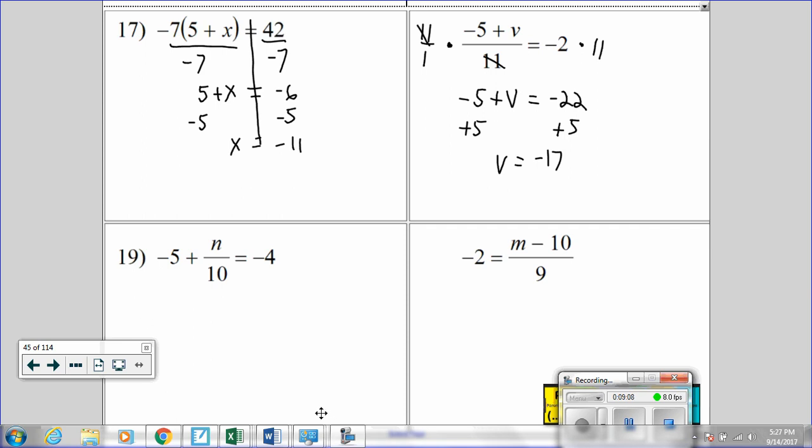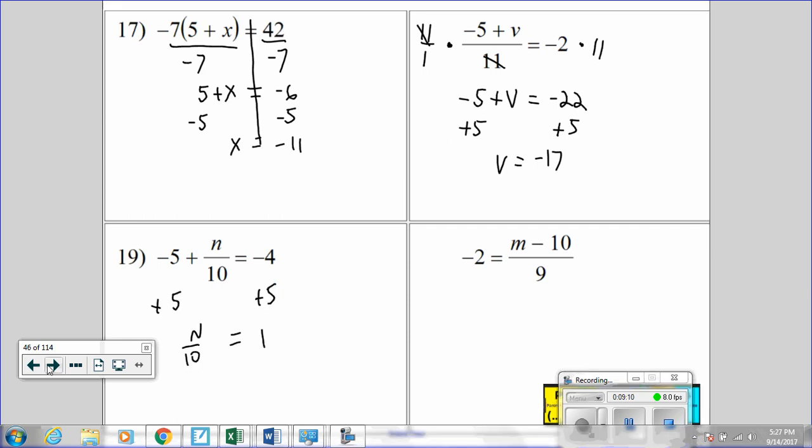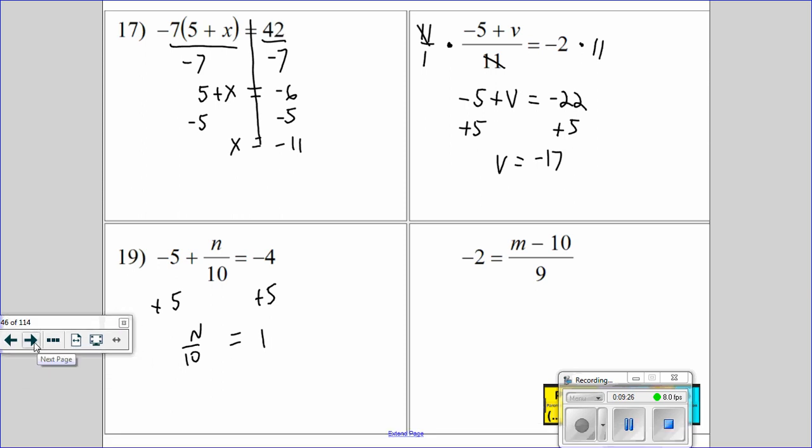So we're going to do the opposite operation and add 5 on both sides. Now we can drop down the n over 10 and set it equal to negative 4 plus 5, which is positive 1. Next we multiply by 10 on both sides, and that gets us n is equal to 10.